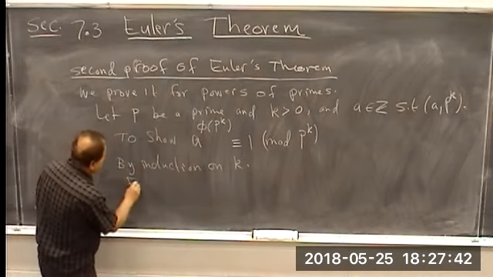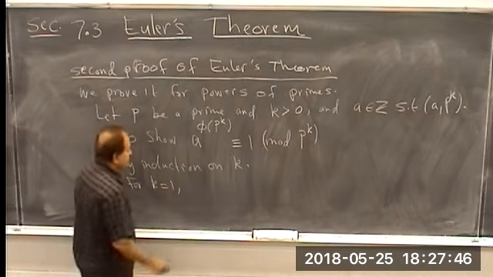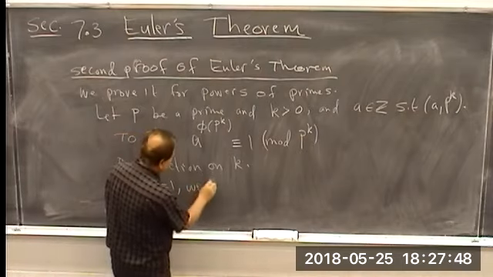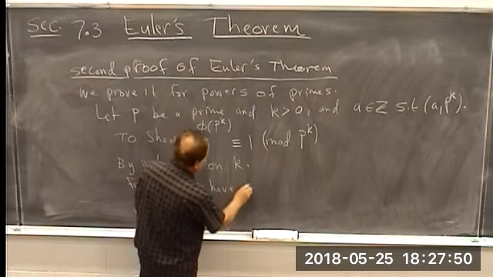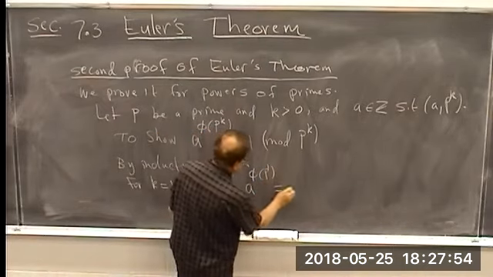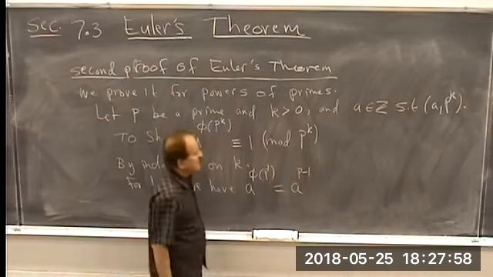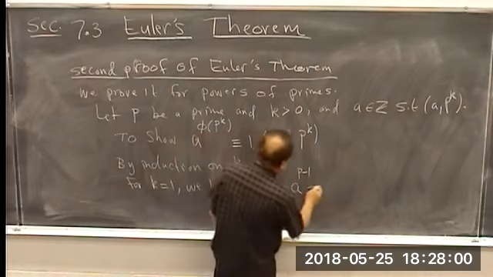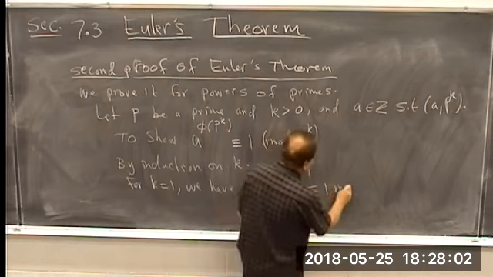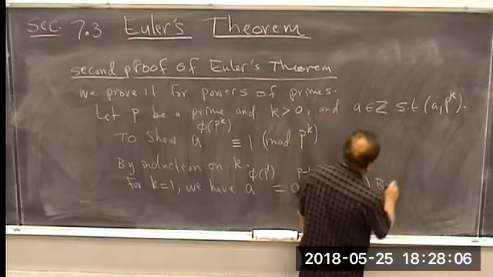For the base case, for K equal 1, we have A to the phi of P, which becomes A to the P minus 1, and this is congruent to 1 mod P. This is by Fermat's theorem.